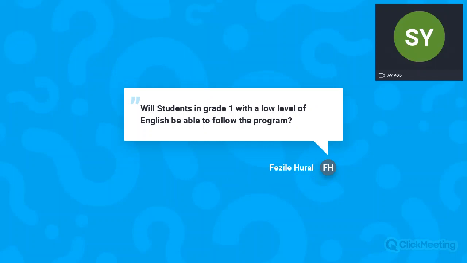Okay, thank you, Matt. I see one more question here. With regards to the level of English for students. If students are not able to communicate in English in grade 1, it may be difficult to follow the Oxford International Curriculum.